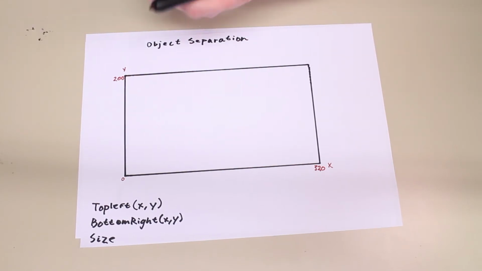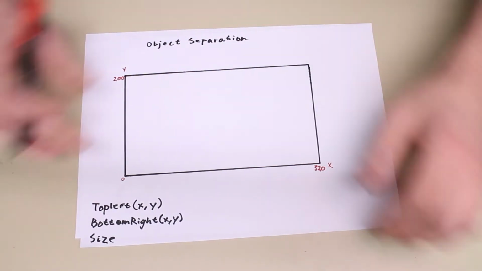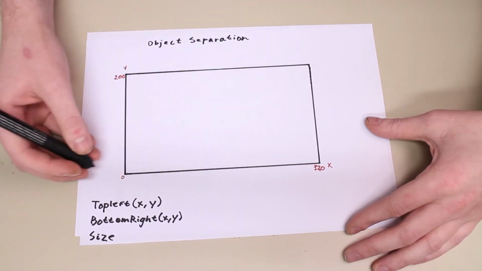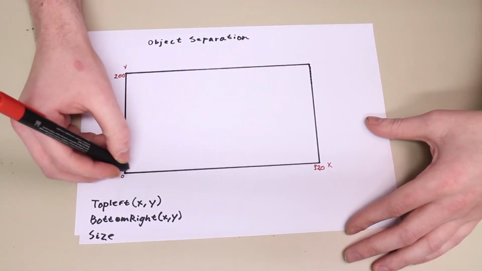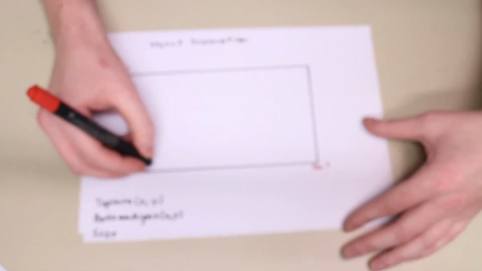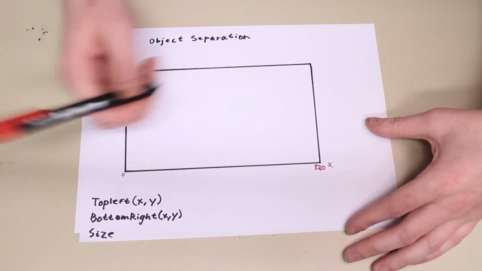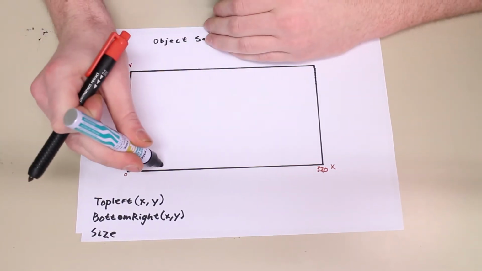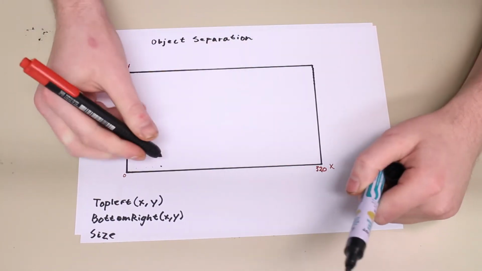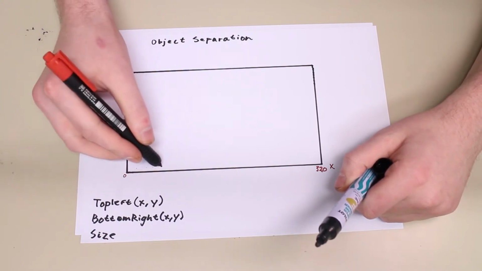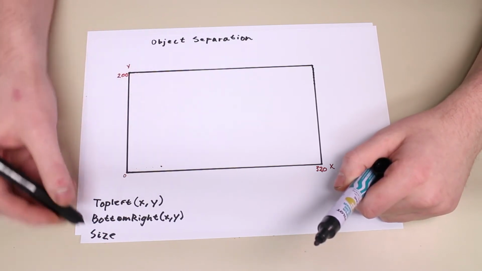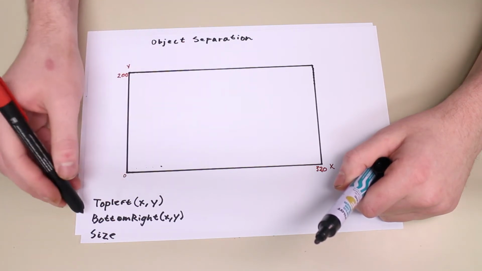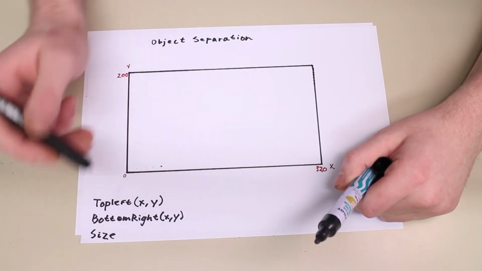So the picture is analyzed from left to right on the x-axis first. So we move along here, and when we detect a pixel change, like this pixel right here, we save that pixel into a new object that has a value for top left xy and a value for bottom right xy.